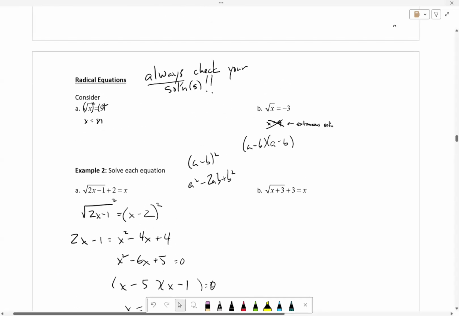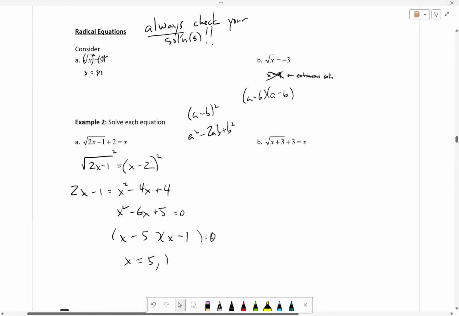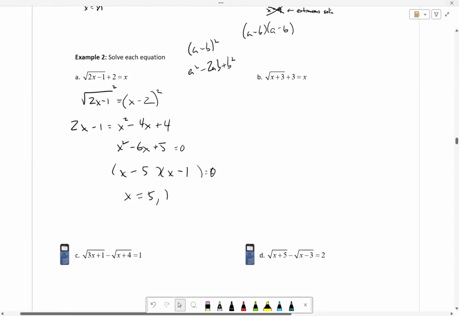Don't forget, always check your solutions for the radical. So let's do the quick check. X equals 5. We have the square root of 9, do you see where that came from, plus 2. Does that equal 5? Is that true? Okay, so 5 works. How about x equals 1? We have the square root of 1 plus 2.